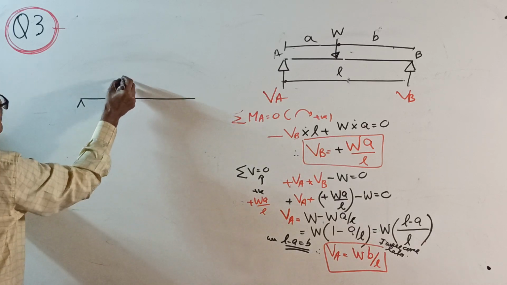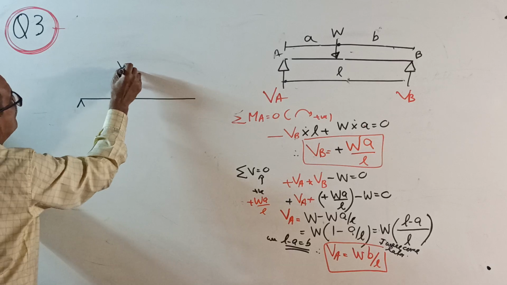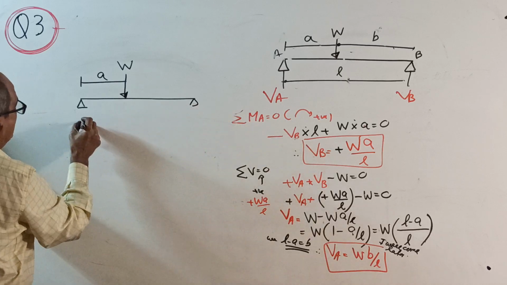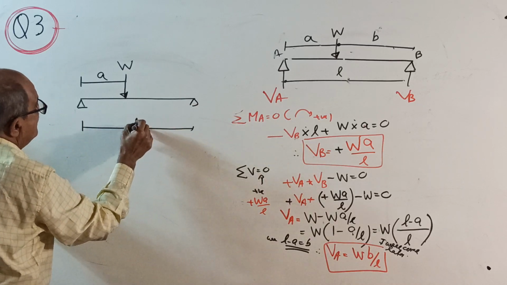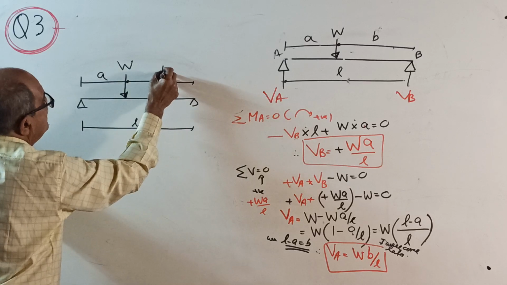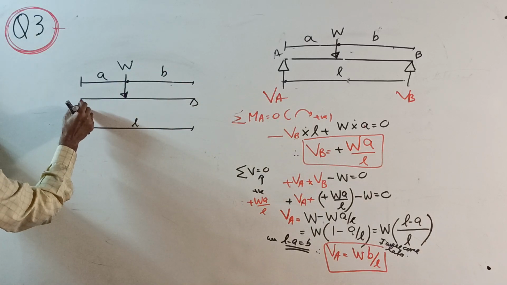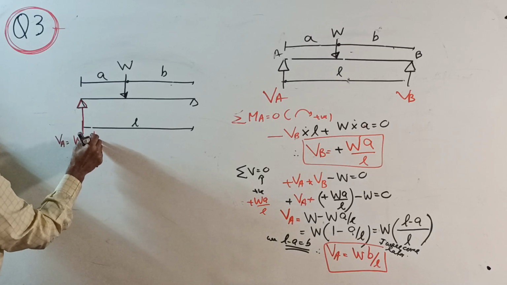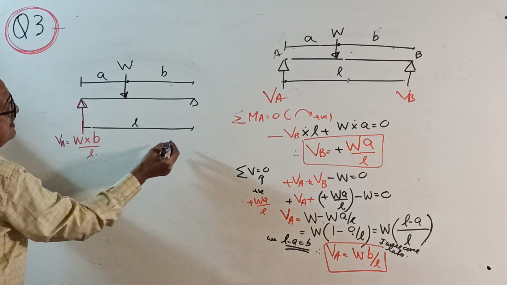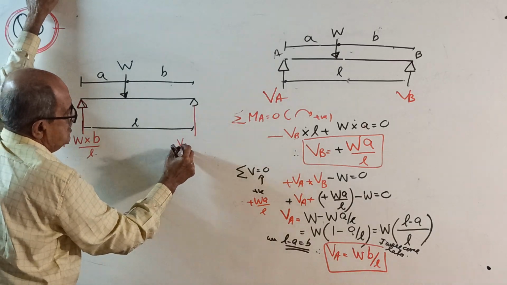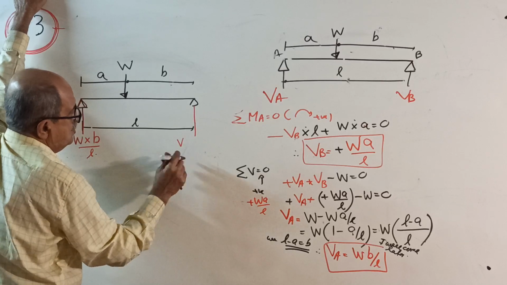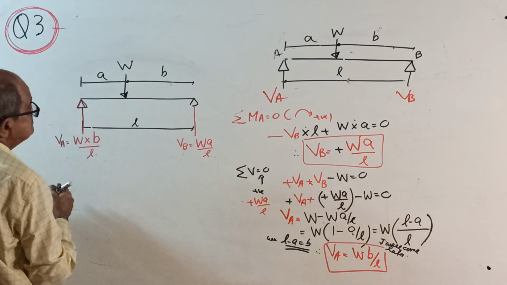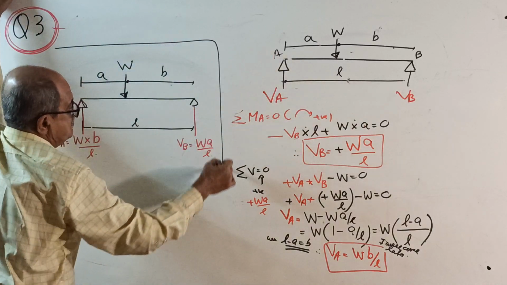If you apply a load W at A from here, span is L, if that is A and this is B, then this reaction VA equal to W into B by L, and this reaction VB equal to W into A by L. This is the answer for this beam.